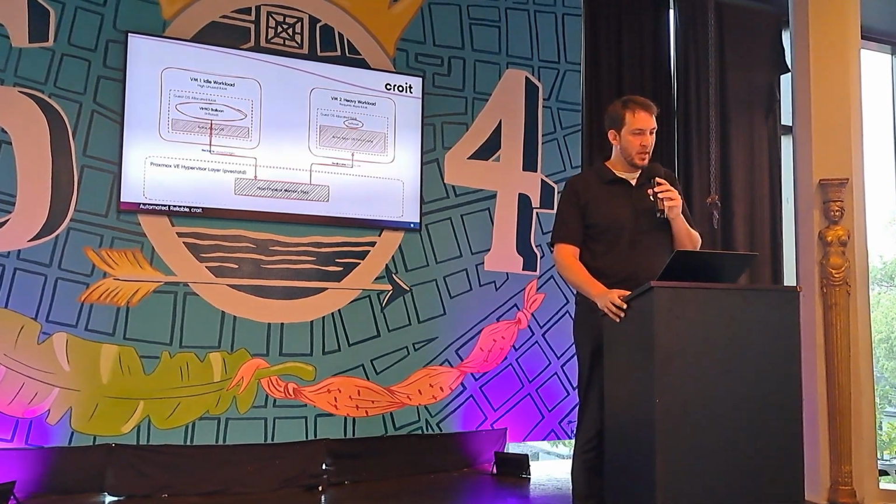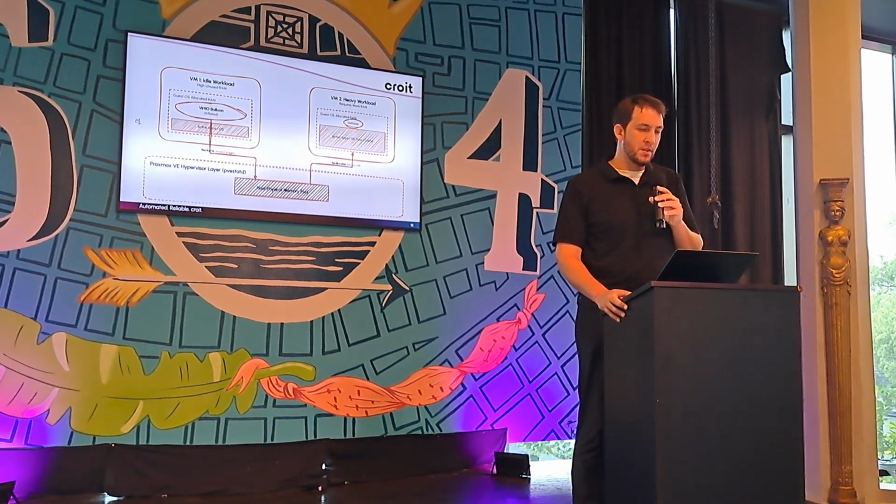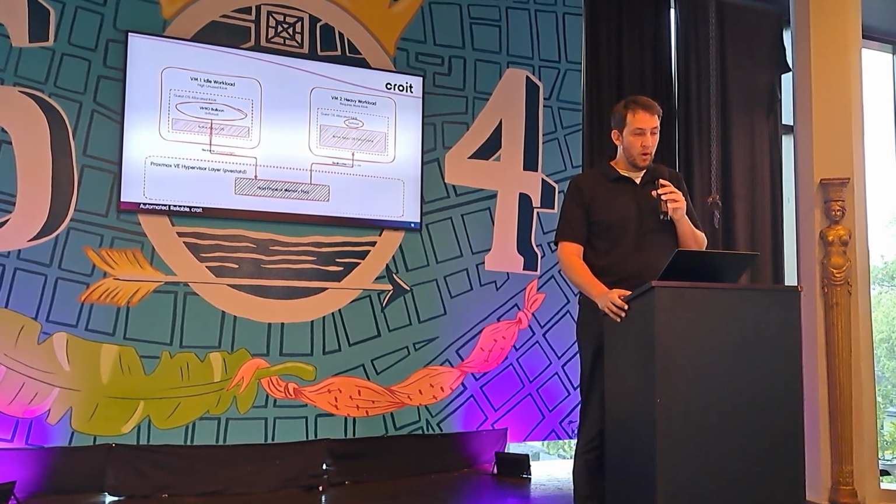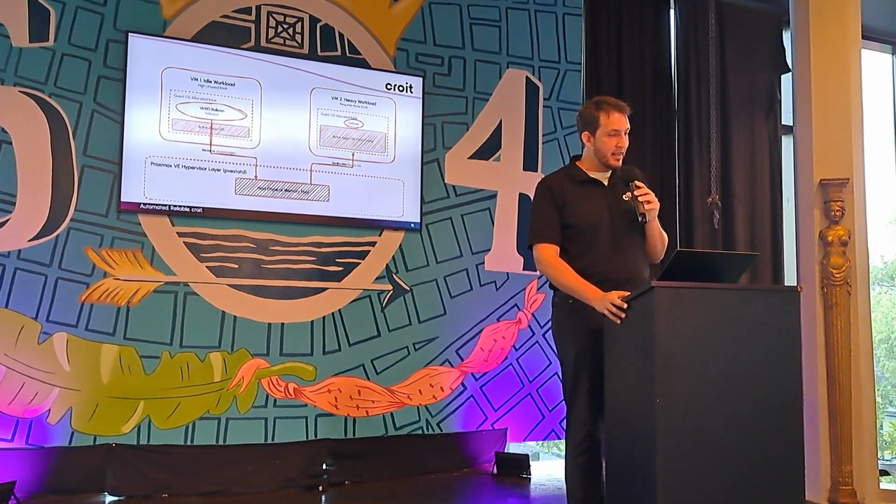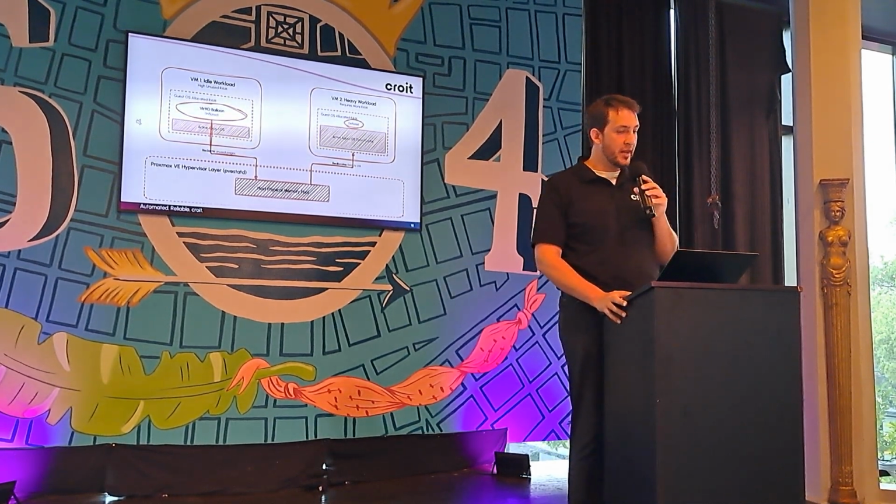The next section is going to be dynamic memory ballooning. So the hypervisor dynamically reclaims unused memory from idle VMs and makes it available to busy ones. And here is how it works. Say VM1 has a light workload and has allocated 8 gigs, but is only actually using 3 gigs.